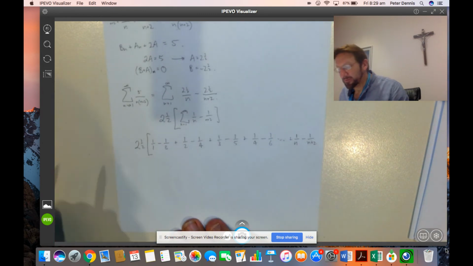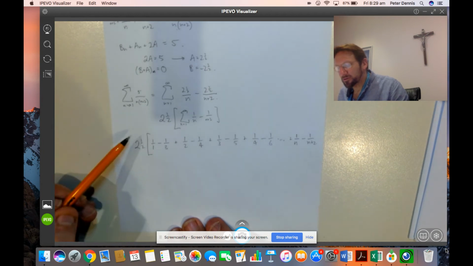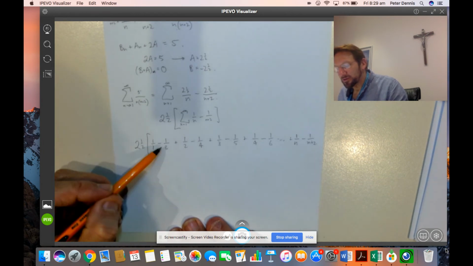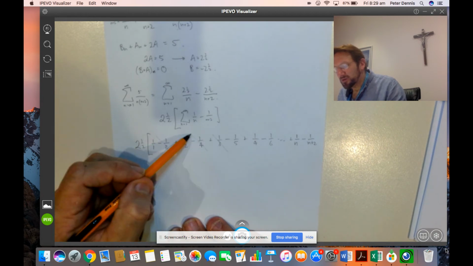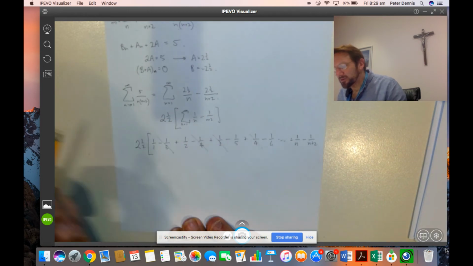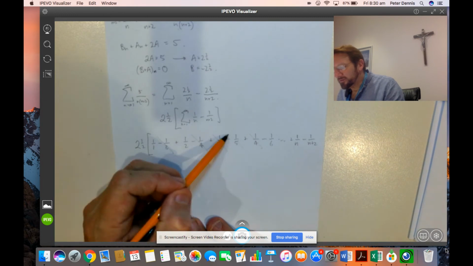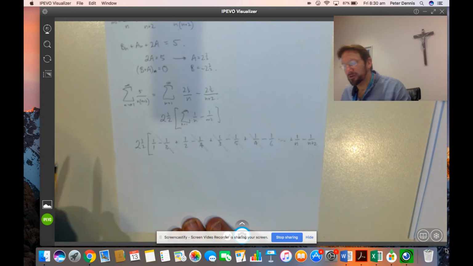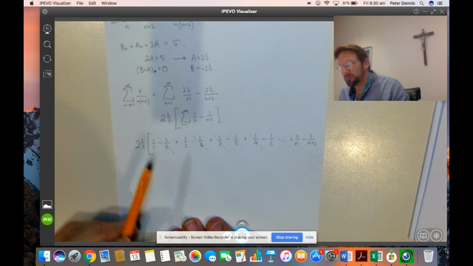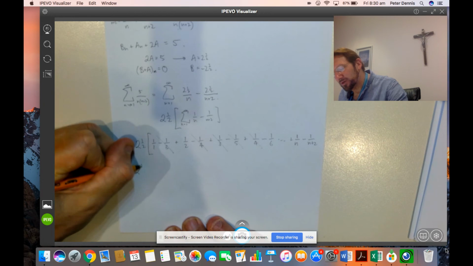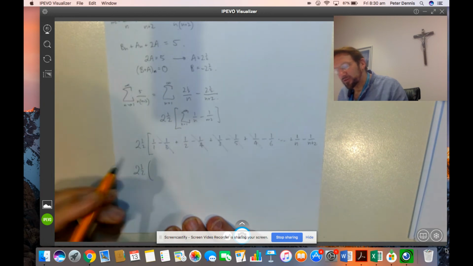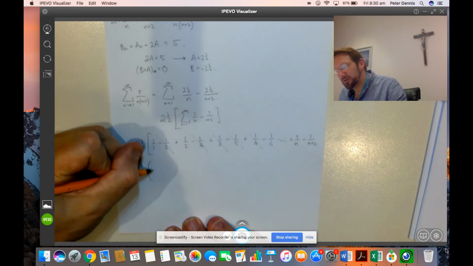The nice thing about this telescoping sequence is that this 1/3 is going to cancel out with this 1/3. This minus a quarter is going to cancel out with this plus a quarter. This minus a fifth is going to cancel out with the plus a fifth up here. What you're going to end up with is that the 1 is not going to cancel out with anything, and it's going to be 2.5 times that.